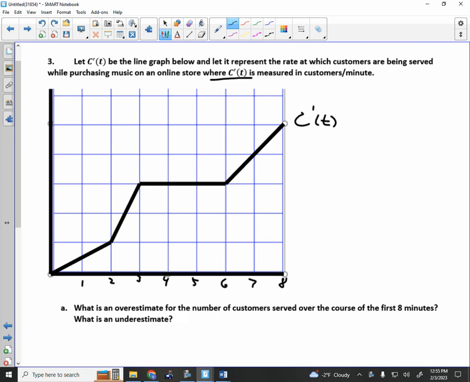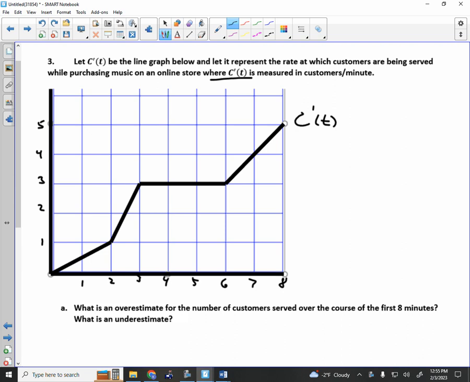So what this means is at time equals 2, 1 customer per minute is being served. Whereas at time 8, we have 1, 2, 3, 4, 5 customers being served per minute. So people are using this site at a different rate.